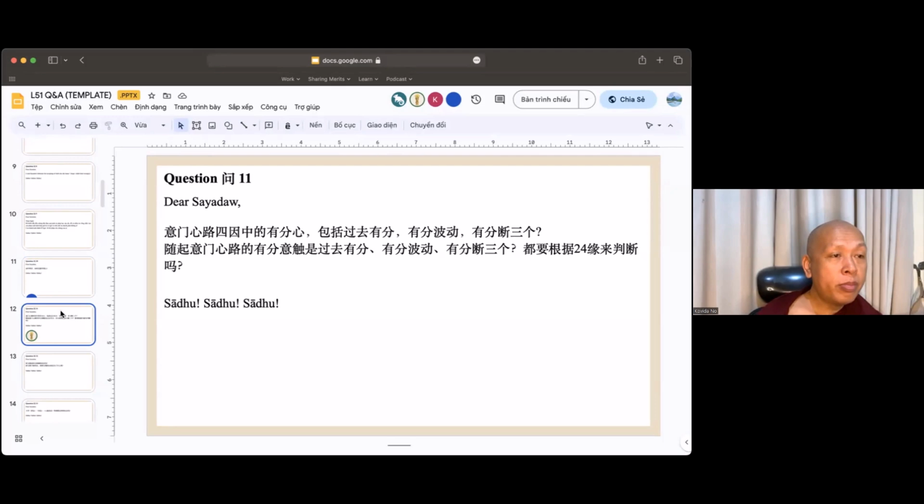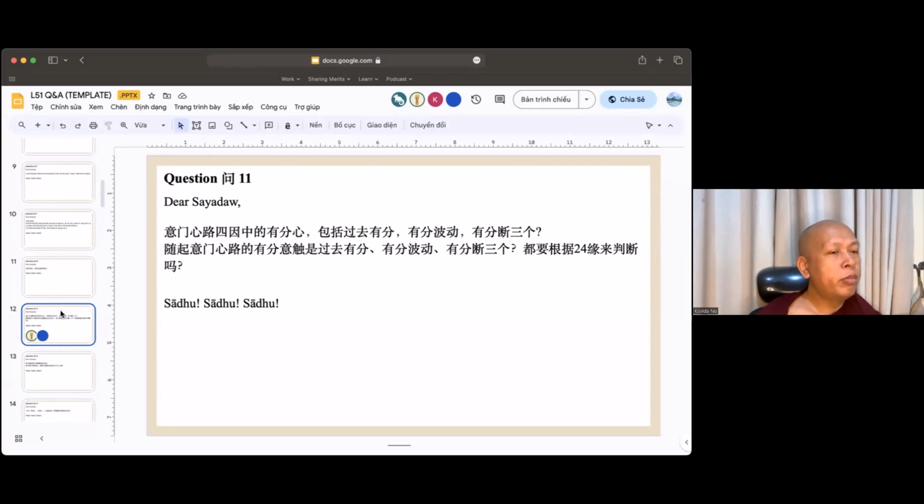Dear Sayadaw, this is regarding the Bhavanga also. In the Manodvara Vithi, there are four courses. It includes Bhavanga. There are four courses for the Bhavanga mind in the Manodvara Vithi. It includes Atita Bhavanga, Bhavanga Calana, and Bhavangupaccheda.